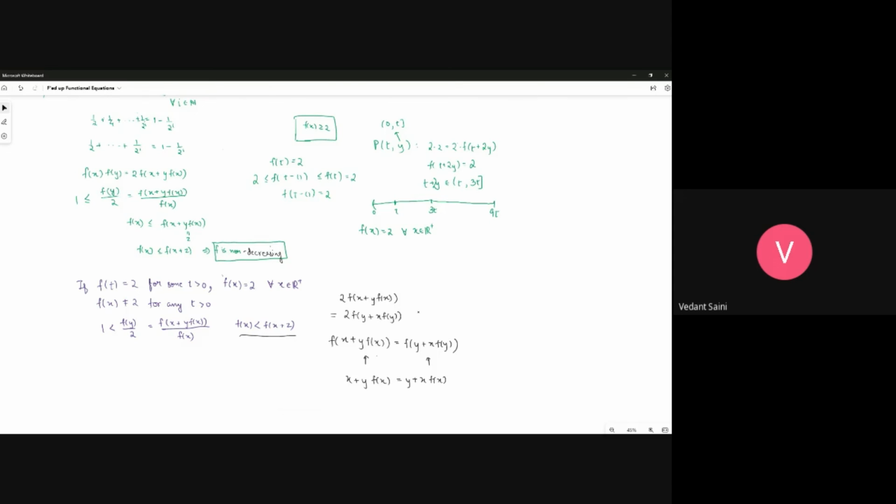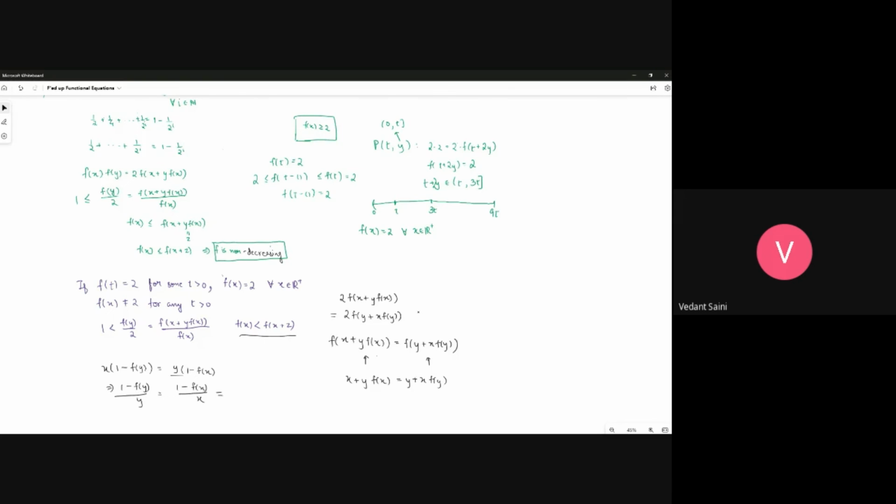So now this gives us x times (1 minus f of y) equals y times (1 minus f of x), for any two x's and y's.